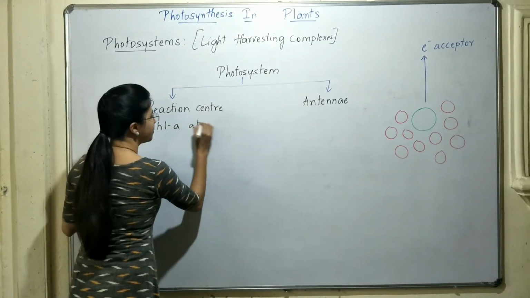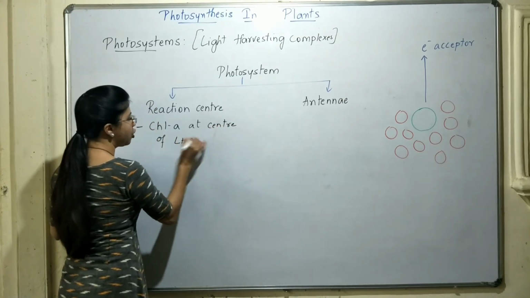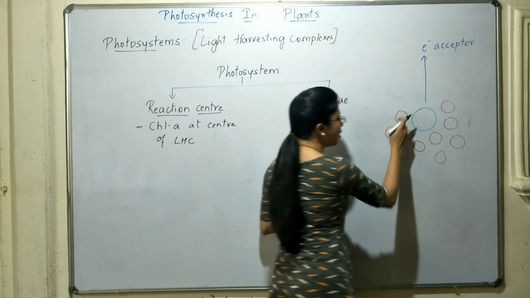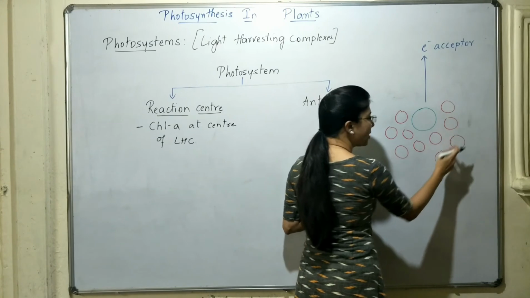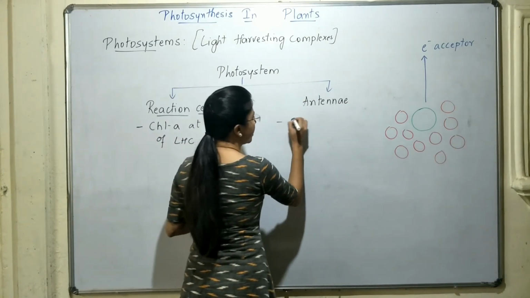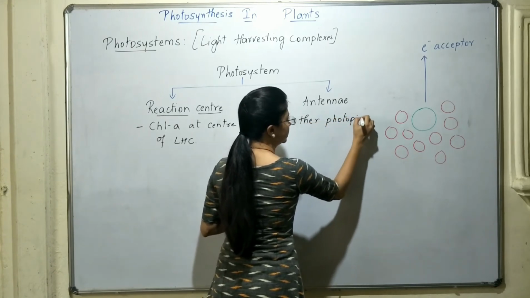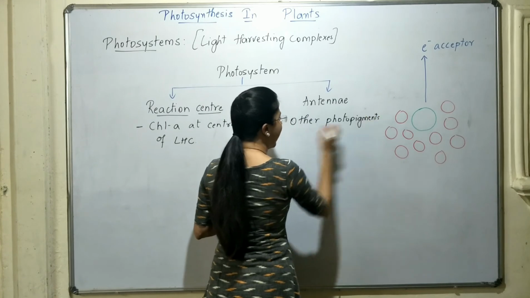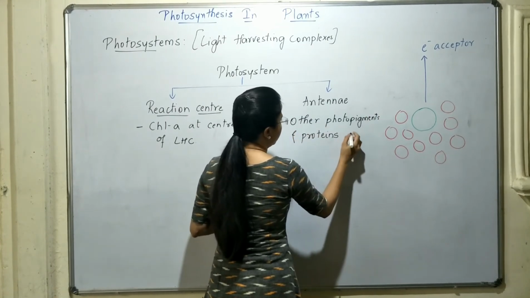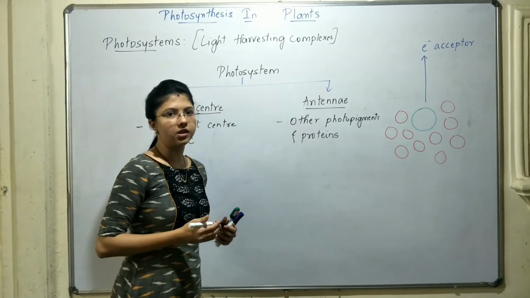Then all the other photopigments present surrounding it, along with proteins, form the antennae of the light harvesting complex.